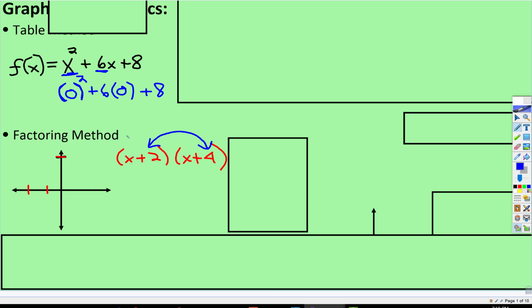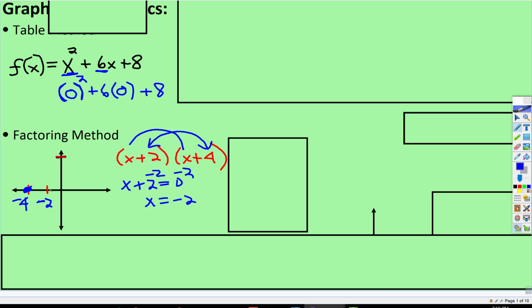And x squared, you've got x and x here. Well, now to find the factors, you use the zero property. X plus 2 is equal to 0. Subtract 2 from both sides, so x is equal to -2. Or you could say, to zero out 4, it's the additive inverse. So the opposite of 4, which is -4.